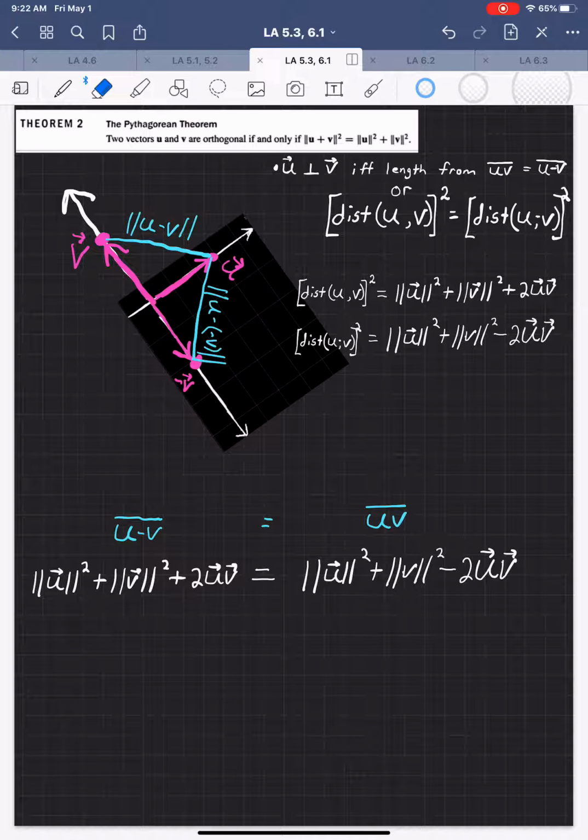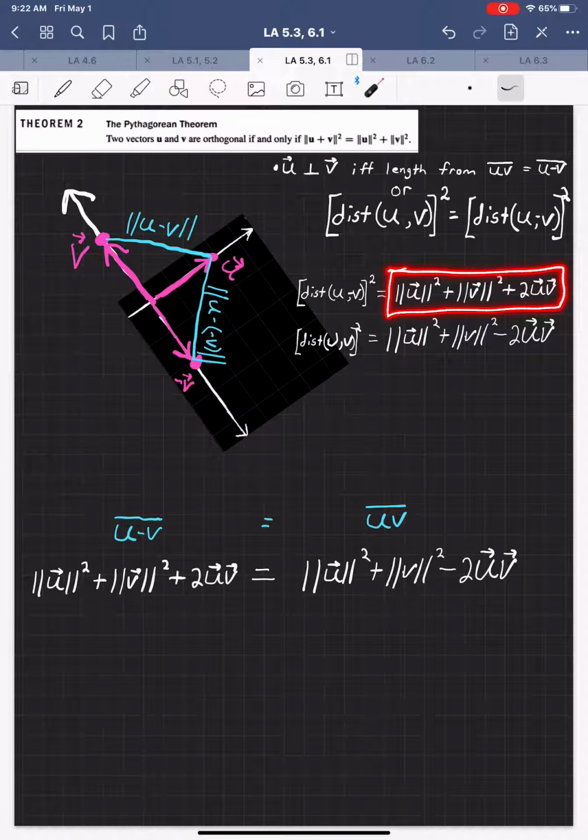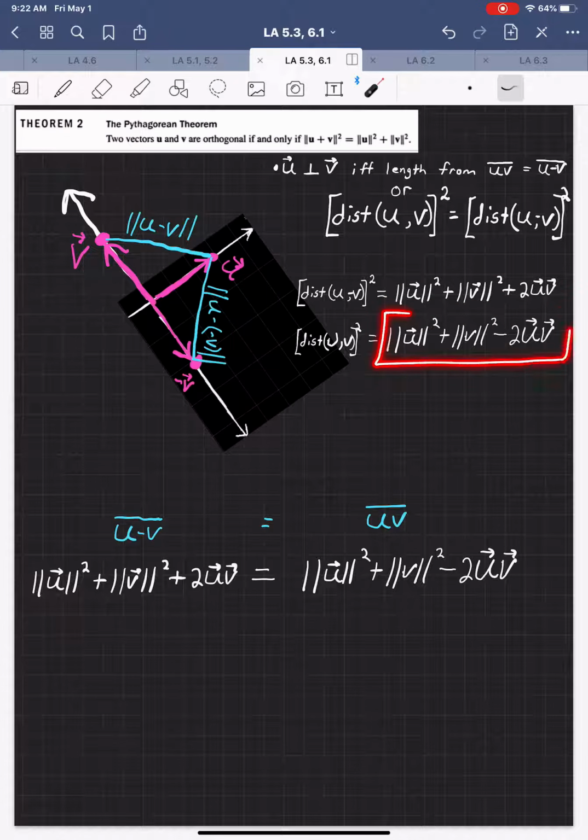This is u to v, and this one should be u to negative v. So if you allow me, using some of those properties from theorem 1, I can rewrite the distance squared from u to negative v as follows, and I can write the distance from u to v squared as follows.